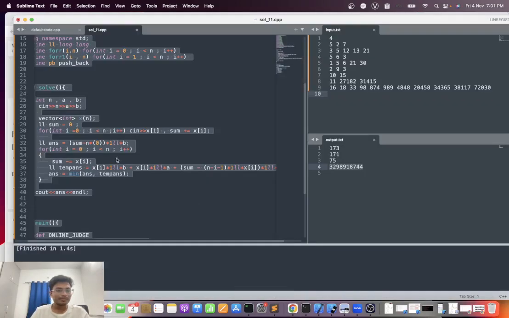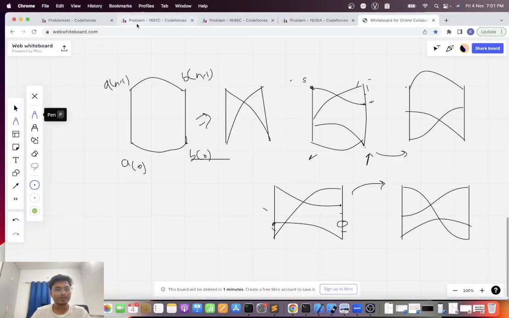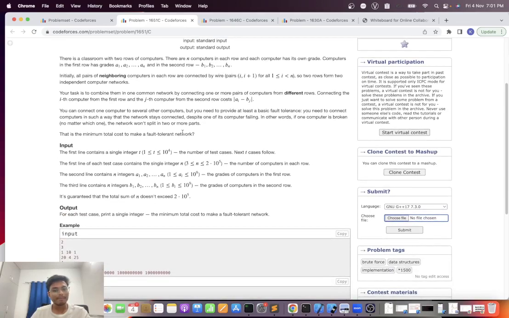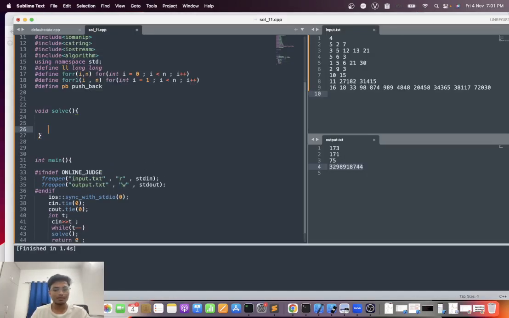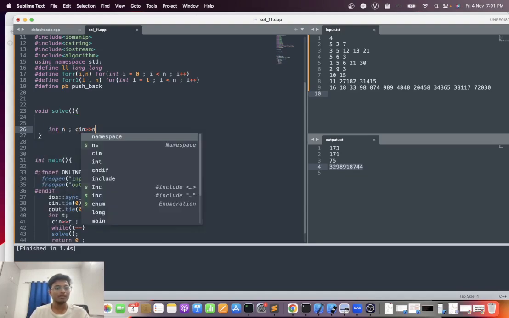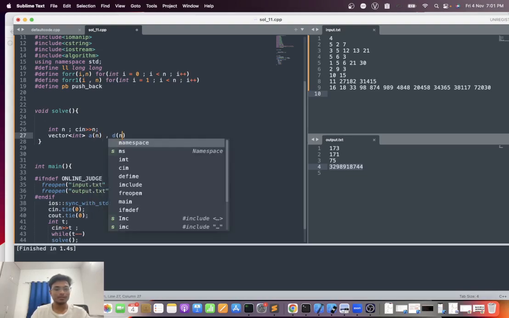Let's code this. So I'm given n, a vector a of size n, and d of size n.